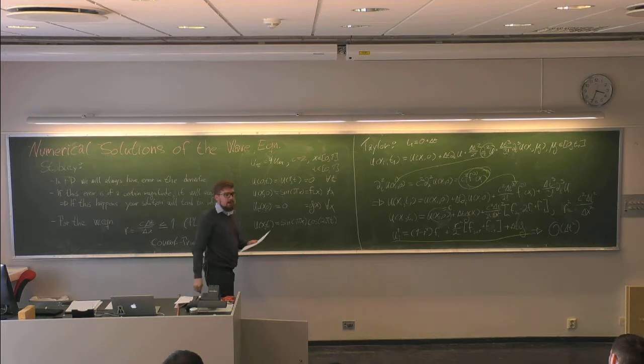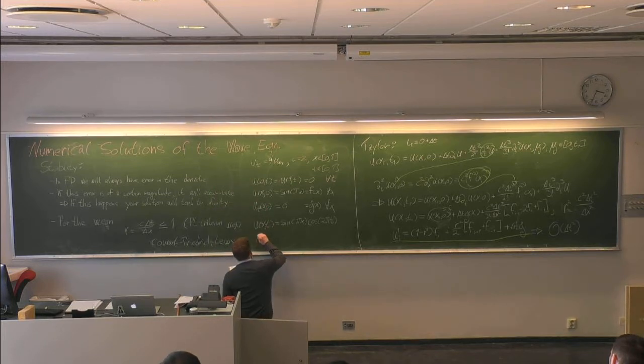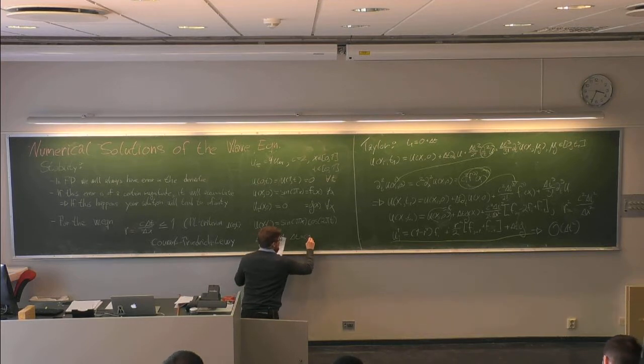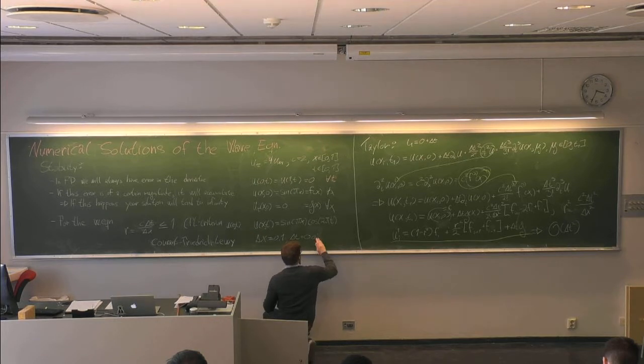And in my example, I will use delta x equals 0.1 and delta t equals 0.05. This results in r equals 1.